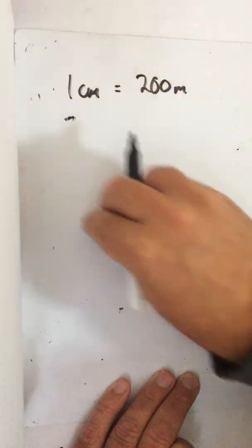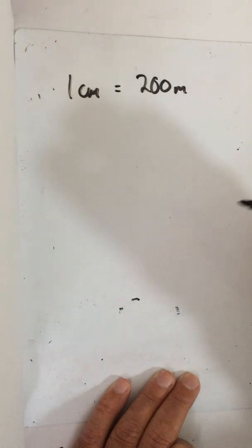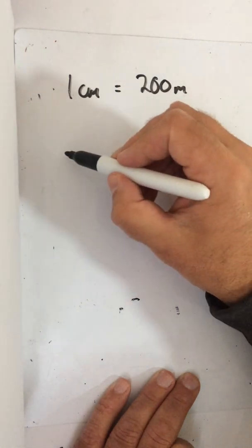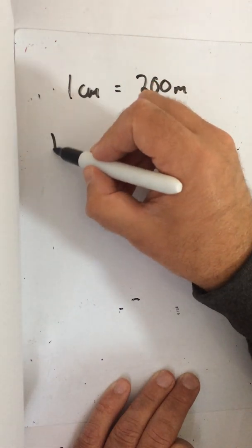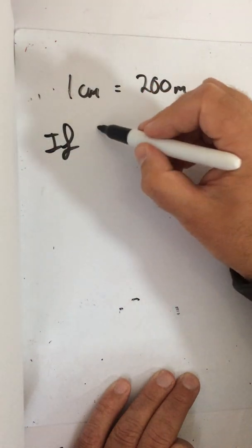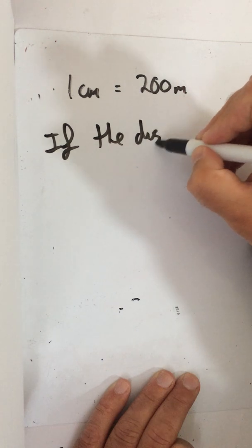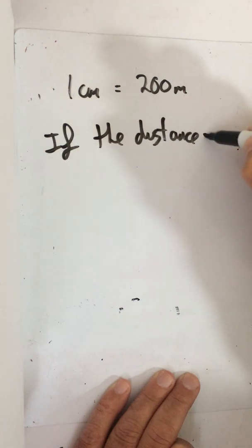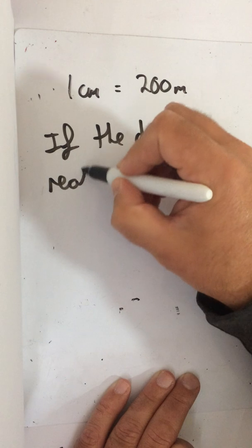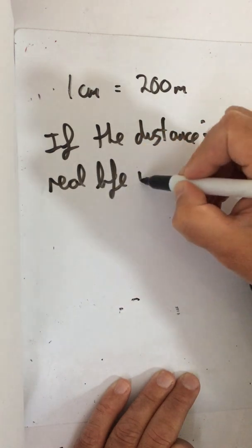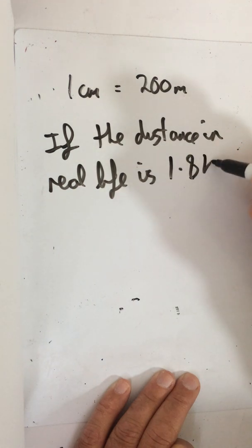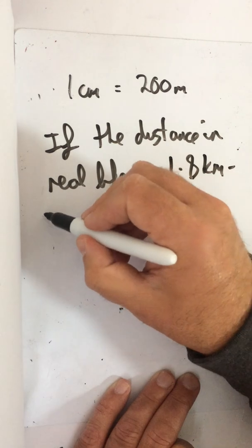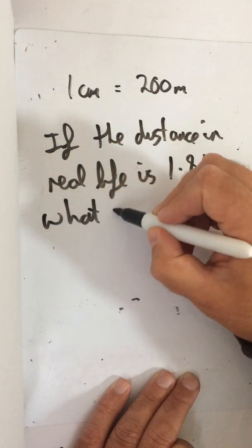You could be asked a question. There's the scale. So it could be, if the distance in real life is 1.8 kilometers, what would that be on a scale?